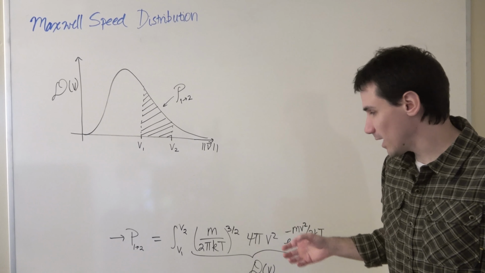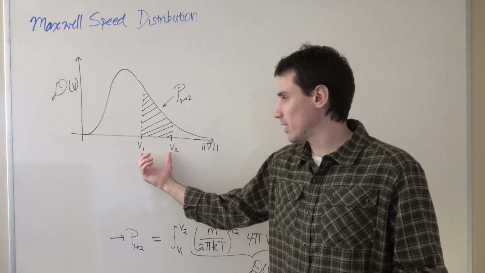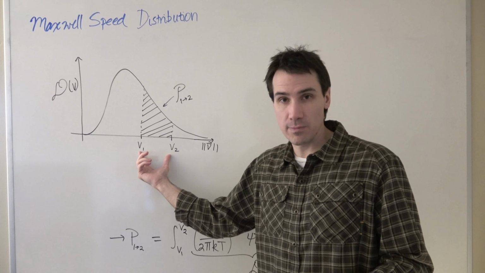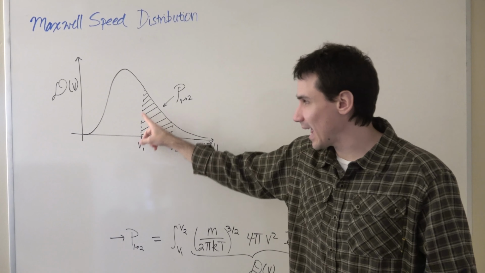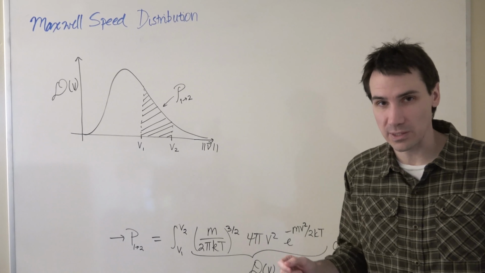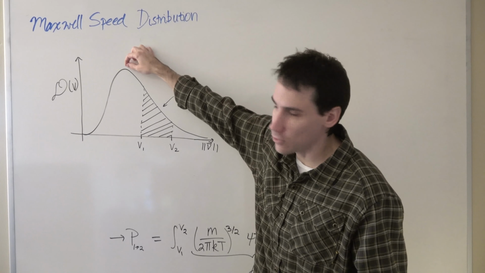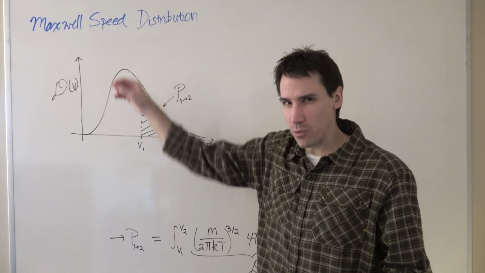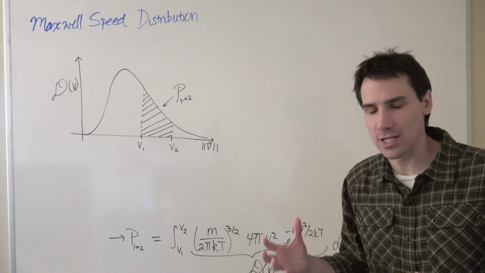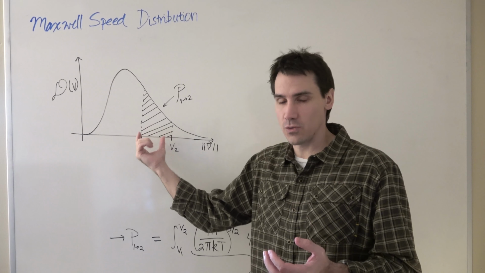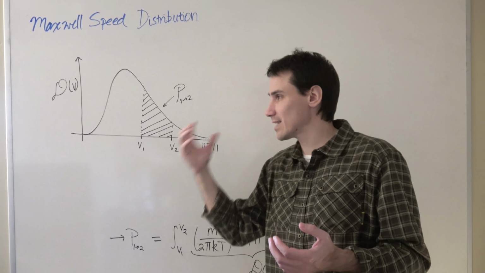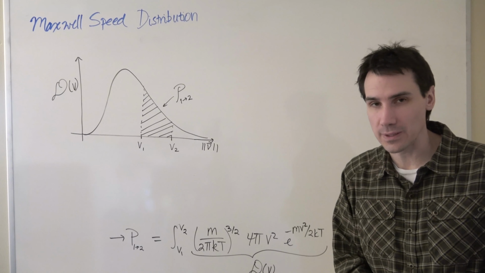And if we want to find the probability of a particle having some speed between two ranges, we have to integrate this function, and the area of that integral gives us the probability. So the actual value of the function at any given point is not the thing we're interested in. What we're interested in is the area of this graph between two points. That's what gives us a probability.